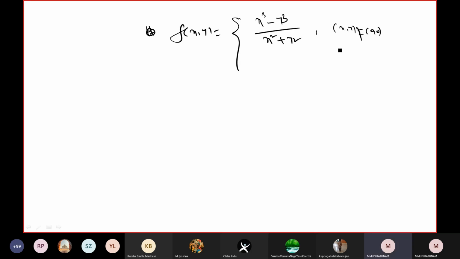So is it continuous? Anyone? (x cube minus y cube) by (x square plus y square), for (x, y) not equal to (0, 0), and 0 at (0, 0). Is it continuous or discontinuous?